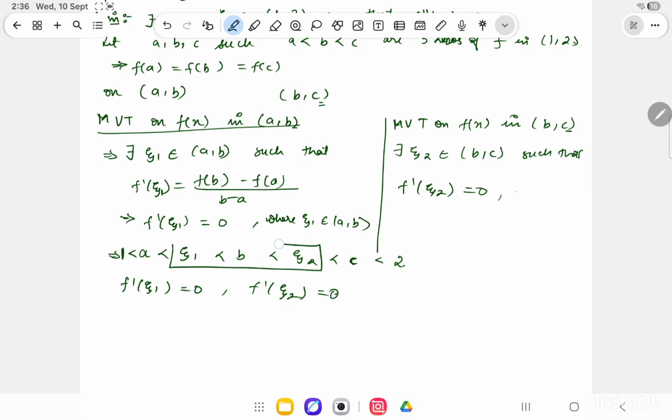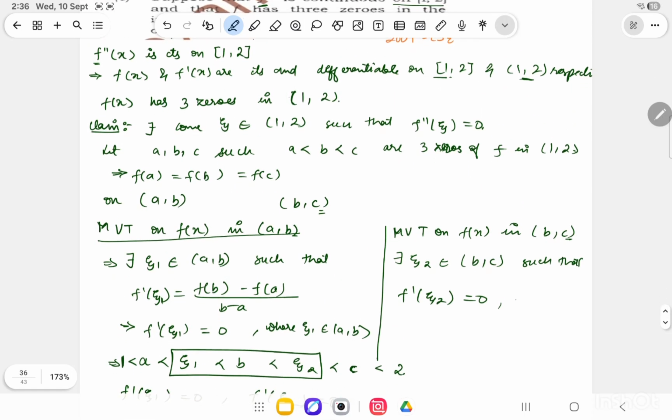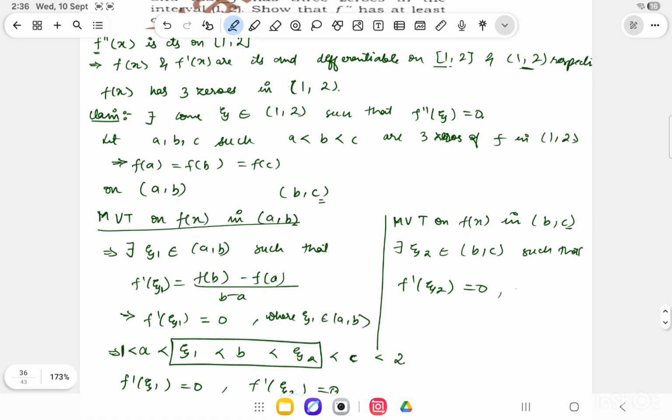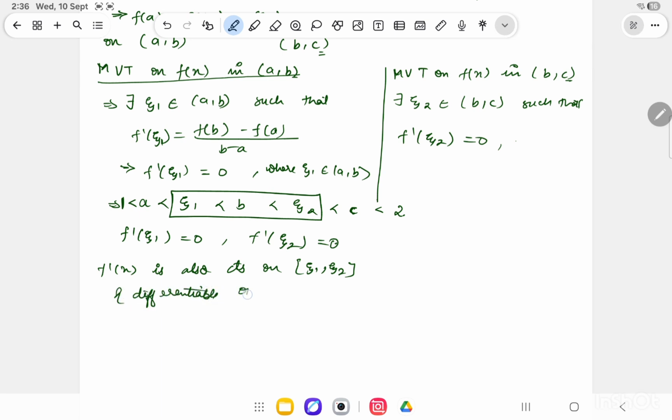Now if I consider this interval, and we have seen that the function f'(x) is continuous on the closed interval [1, 2], so f'(x) is also continuous on the closed interval [xi1, xi2] and differentiable on the open interval (xi1, xi2).